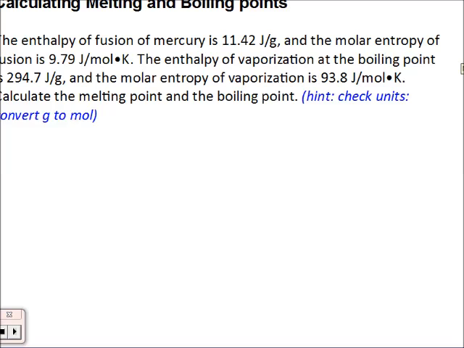If I'm going to go through it for mercury, this is the enthalpy of fusion, delta H of fusion, and the molar entropy of fusion. This is delta S of fusion for mercury. And I want to find out what the melting point is.